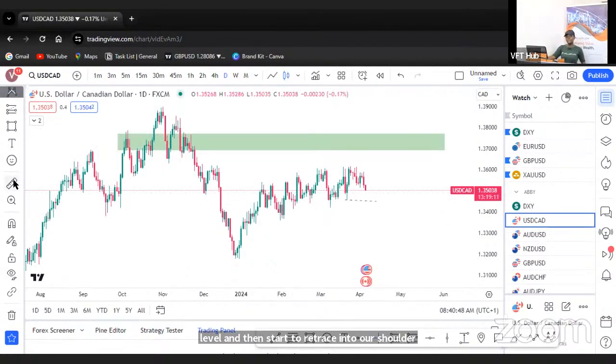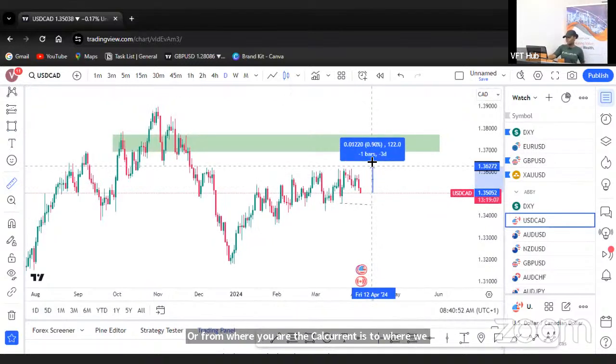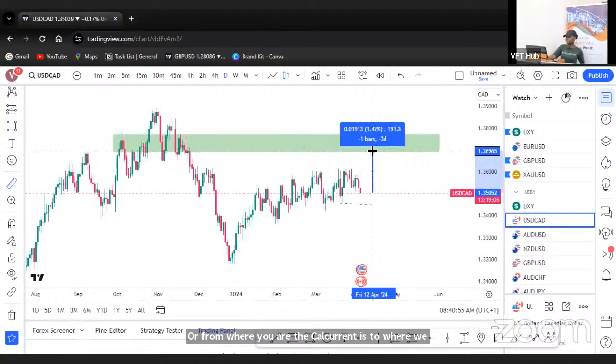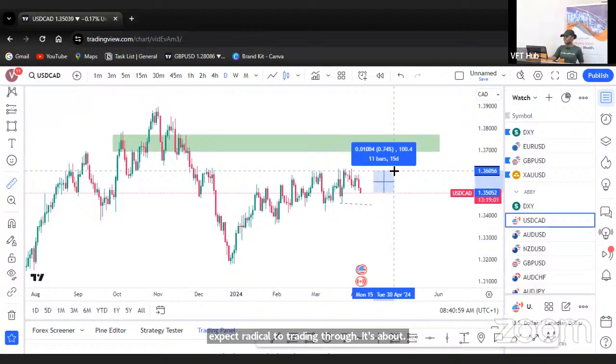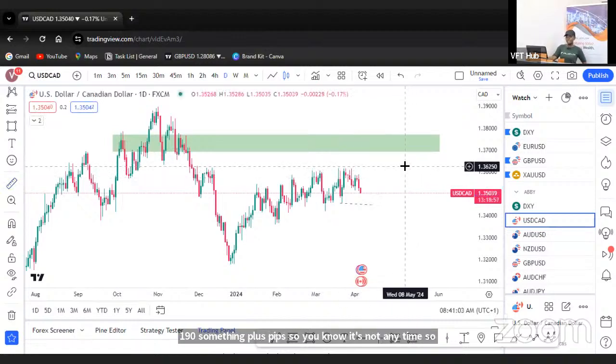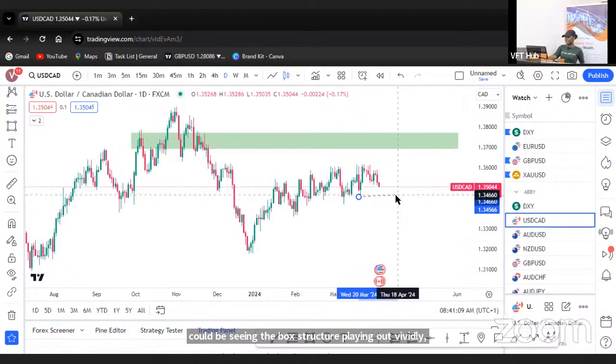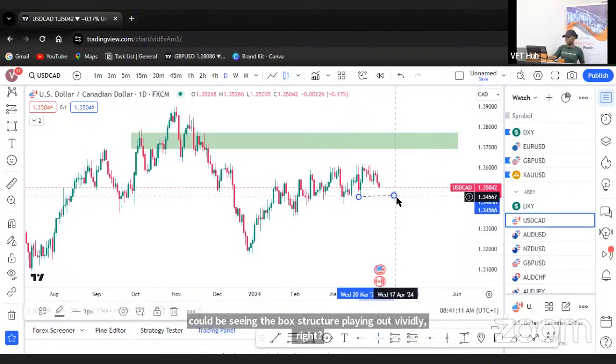But from where USD/CAD currently is to where we expect USD/CAD to trade into, it's about 190 something plus pips. So you know it's not anytime soon. Maybe next week, towards the ending of next week, then we could be seeing the box structure playing out vividly, right? But for now, the sell on USD/CAD is still very much in play.